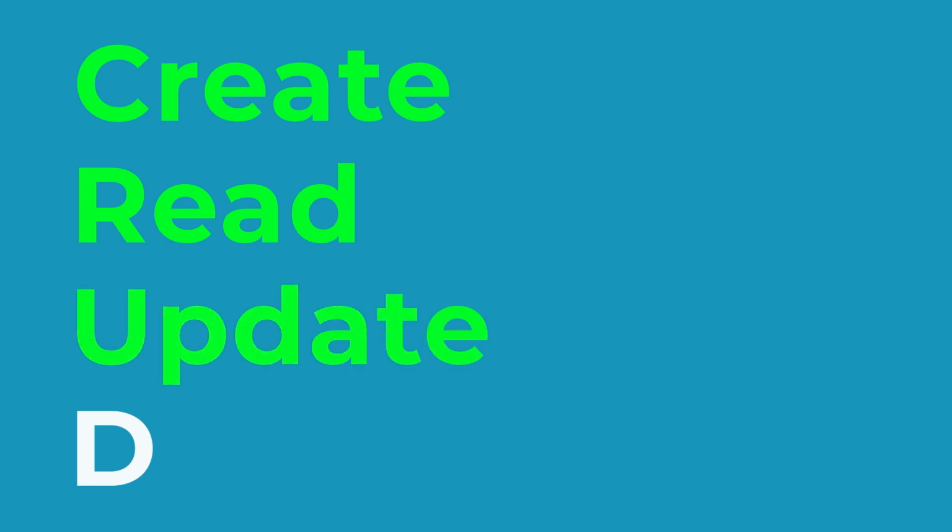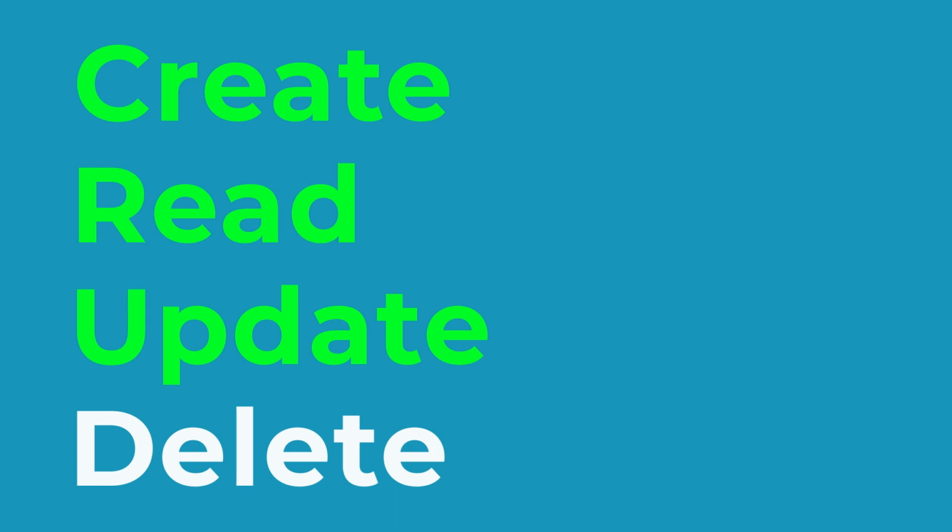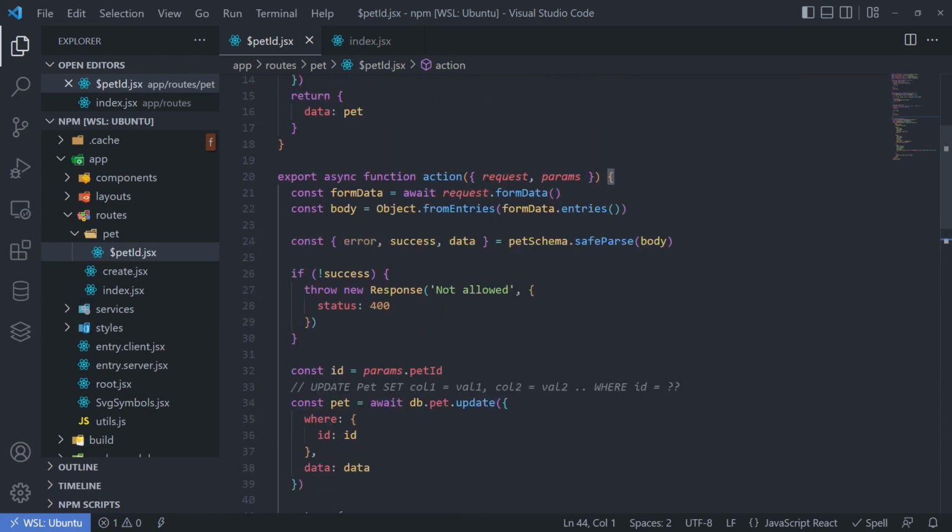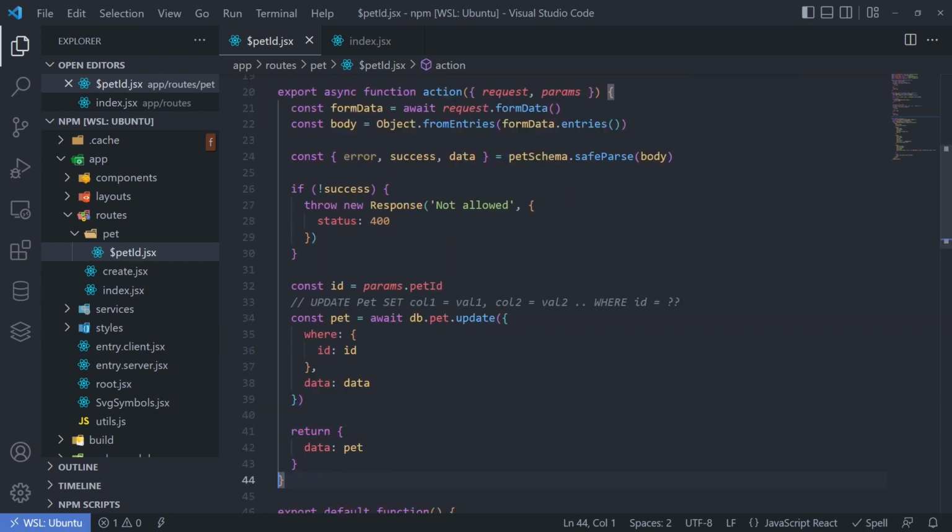So now we basically covered creating entries, reading entries, and updating entries. The only thing we have to cover next is deleting entries. But before we jump onto that, I want to look at another thing that's kind of cool about Remix. If I come into this action and I add some synthetic delay, so this is happening pretty quickly because we're on my local machine.